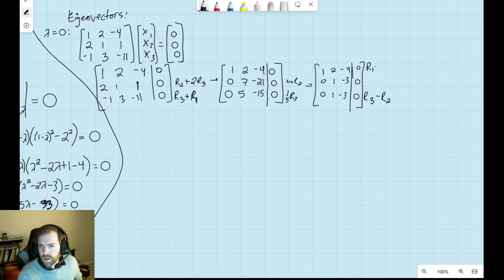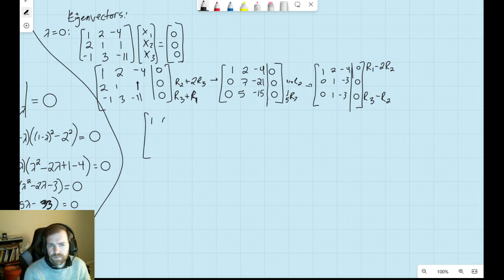Here we want to take row 1 and subtract 2 row 2 to get rid of our second term. So 1, 0, and row 1 minus 2 row 2 is going to be a positive 6 plus negative 4, which is a positive 2. Then 0, 1, negative 3. Alright, and 0, 0, 0.